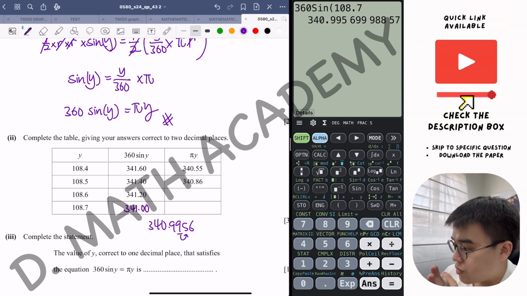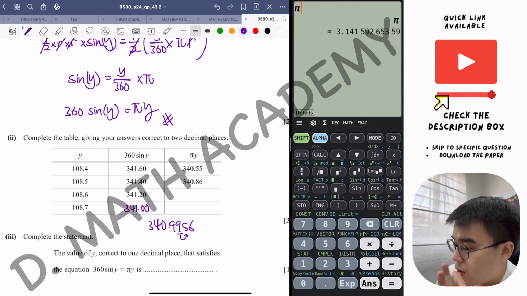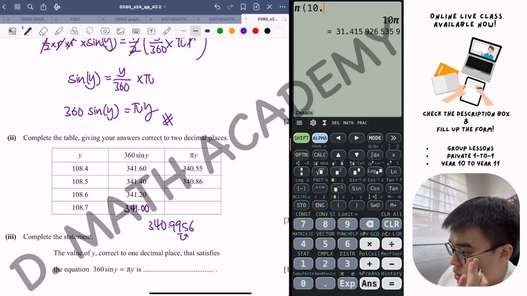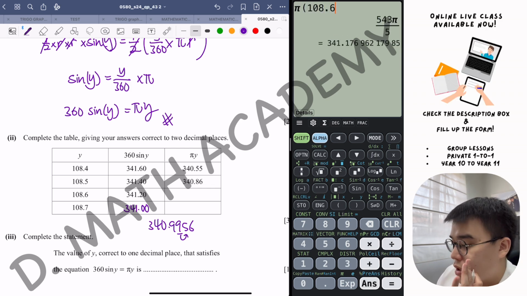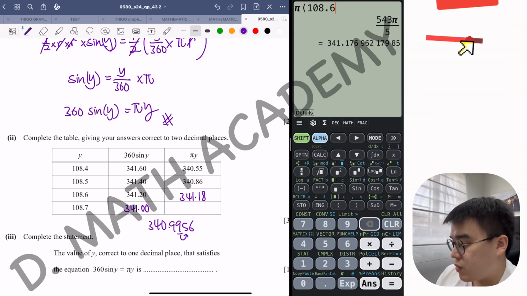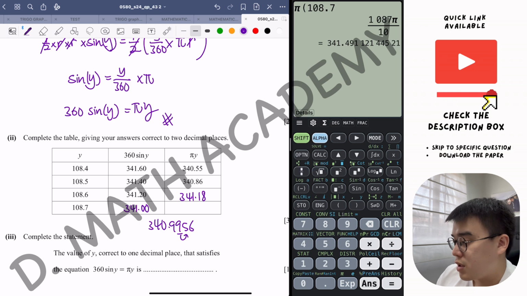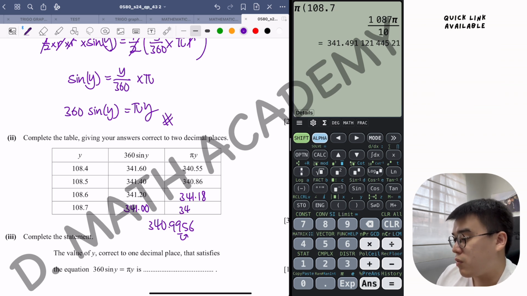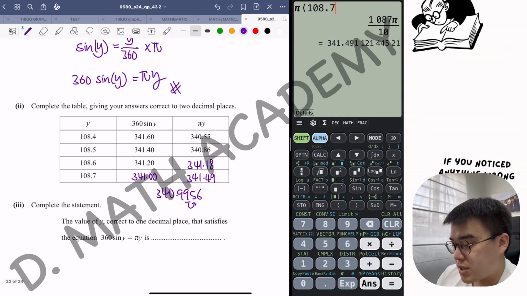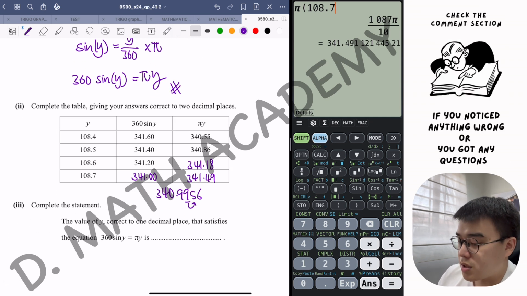Okay, pi y, so pi y is actually 108.6. This result will show us 341.18, and when we go into 147, you will get 341.49. So the value of y corrected to one decimal place that satisfies the equation.